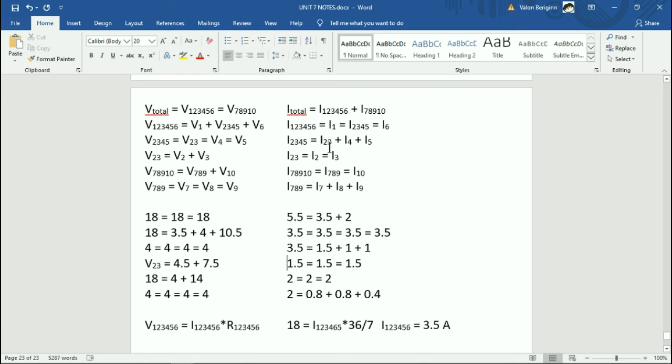Messed up somewhere. Shoot. Where did I go wrong? I thought I got this right. Oh crap, where did I mess up?